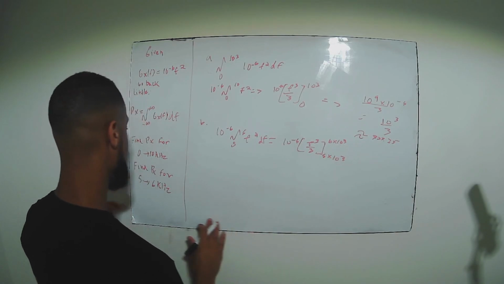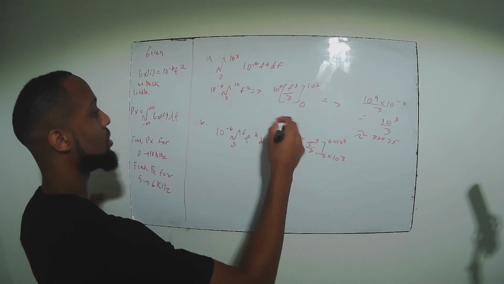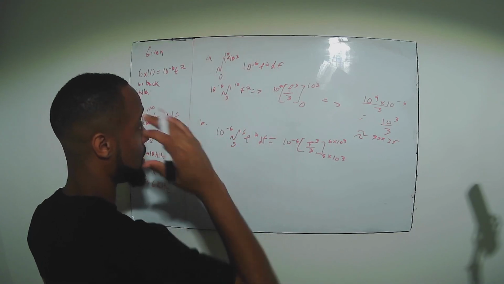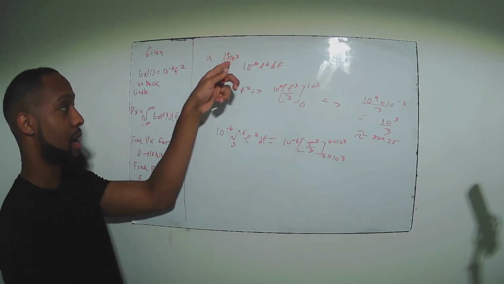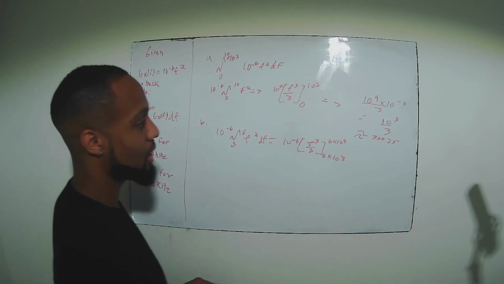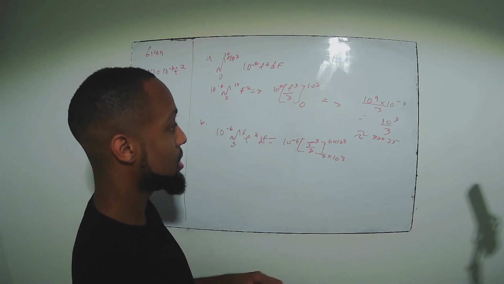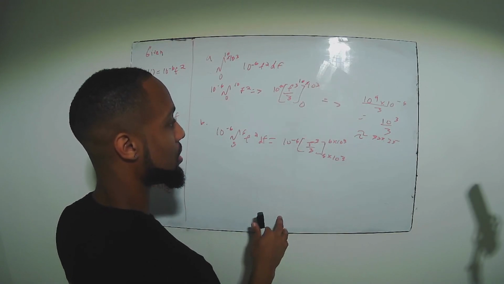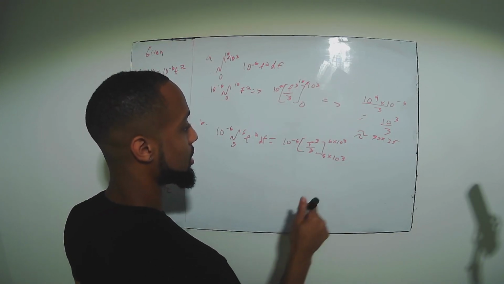Oh wait, what did I do? Oh, 10 kilohertz. All right, we have to go back, guys. This should be 10 times 10 to the third. I'm sorry. That's because 10 to the third is 1,000, and that's going to be 10 thousand. So this needs to be 10 times 10 to the third, which is different. This answer right here is wrong.